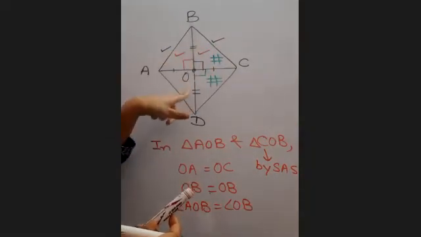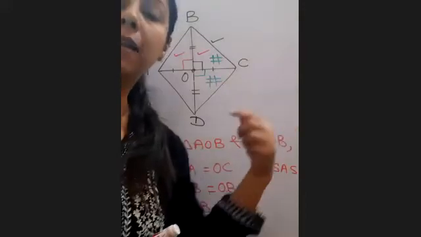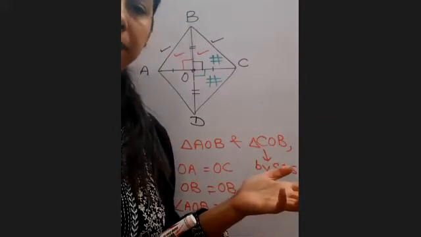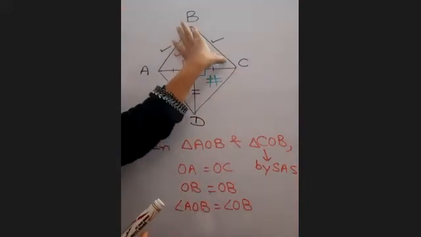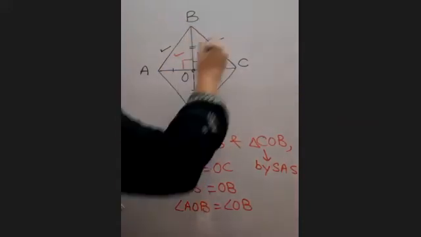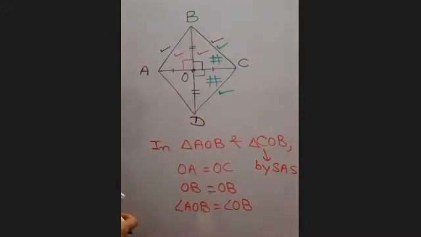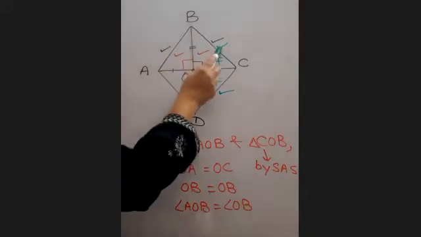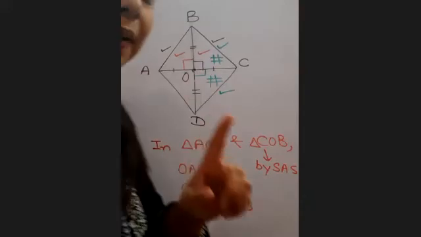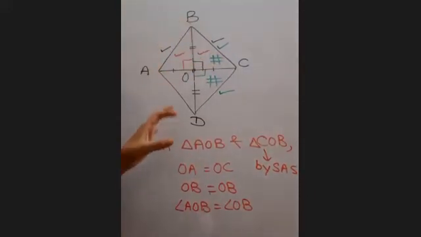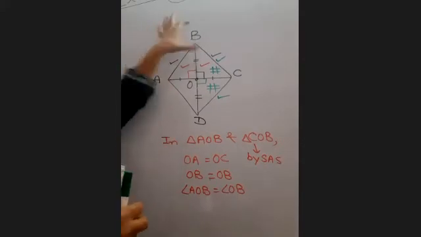If these triangles are congruent, what is the conclusion? By CPCT, BC is equal to DC. Earlier we showed that AB is equal to BC.